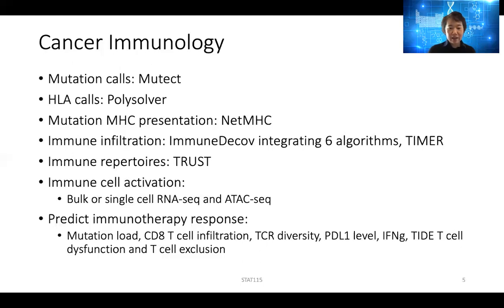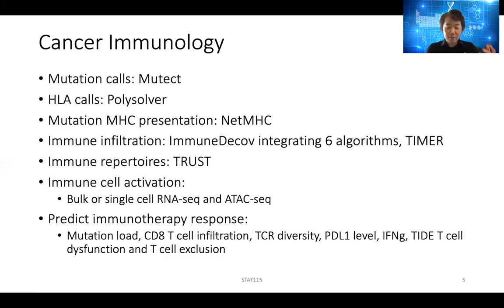Having CD8 T cells infiltrating the tumor is very important. TCR diversity, especially in the blood, is important. It means at least you have some T cells that have the capability of recognizing different mutations.